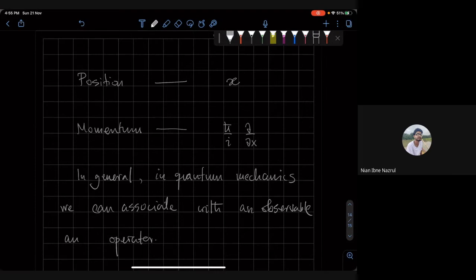So, this thing is not an operator, it's just a number, but in general, this is a differential operator, a linear differential operator. And this was later generalized to show that it's actually going to be a Hermitian linear operator, okay?